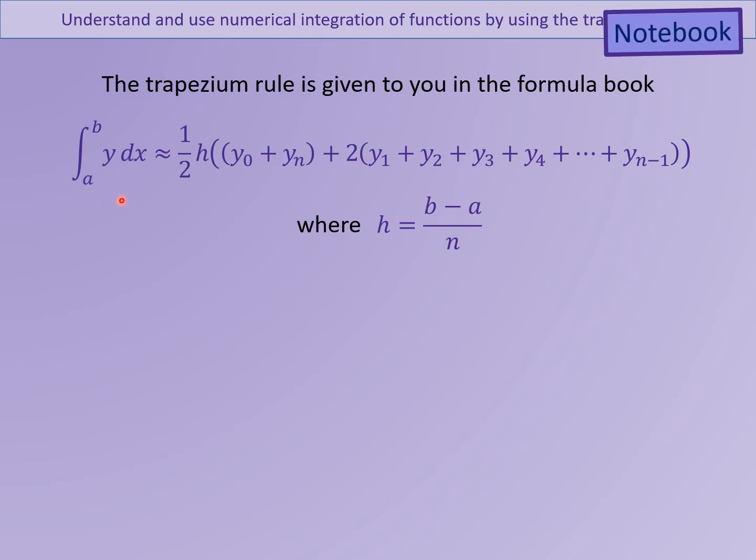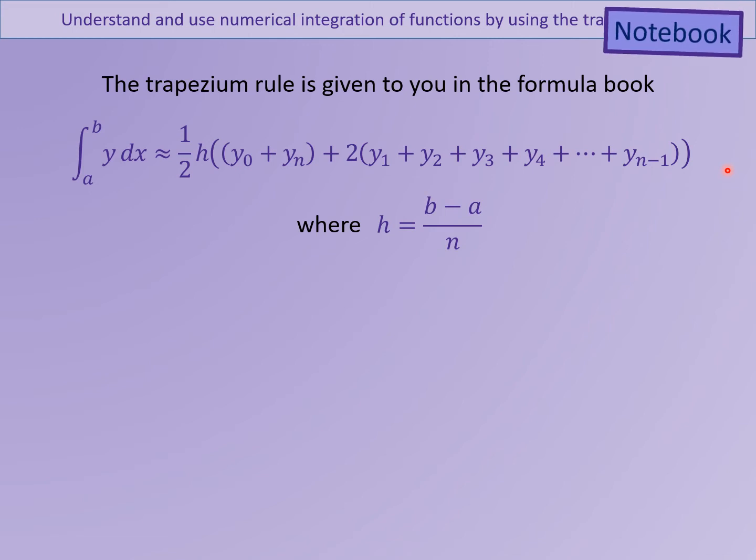So this tells us that the integral of y, which is just what the equation is, between a and b, the 2 endpoints, is approximately equal to, so it's not exact, that's why we've used the approximately equal to symbol, a half h, where h is the width of the trapeziums, multiplied by the end ordinates, y0 and yn, and 2 lots of all of the ordinates between, y1 plus y2 plus y3, all the way up to yn minus 1. Obviously the number of y's in here depends on how many trapeziums we've used.